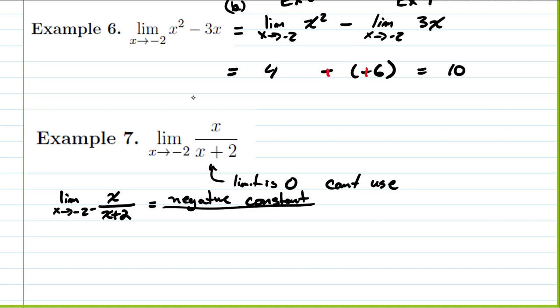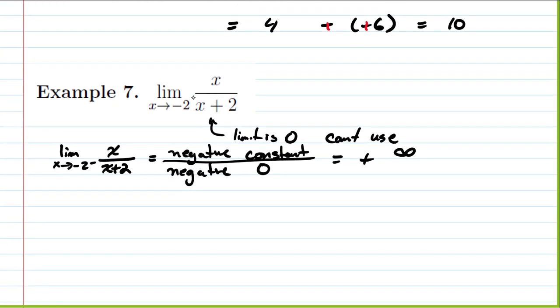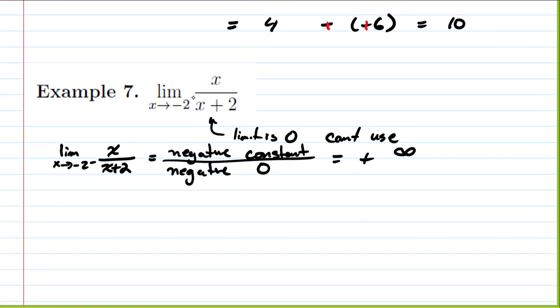But if we're coming from the left, we're using values smaller than negative 2. So a value smaller than negative 2 plus 2 is going to be a negative. So this is negative 0. So a negative divided by a negative is going to be positive, and a constant divided by 0 is infinity. So our left limit, and this was from the previous section, is positive infinity.